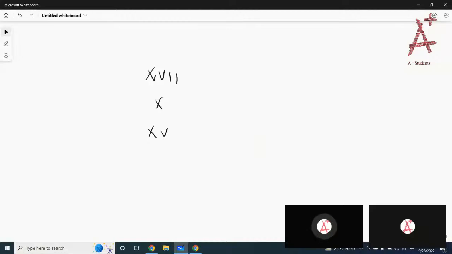So how do you write 17? Which is the correct option? The correct option is the first one, because X is for 10, then V is for 5, and then you have 1 plus 1. So it makes 17.